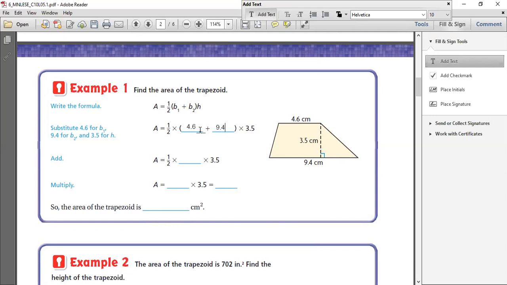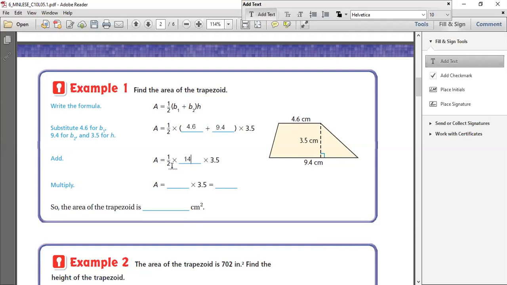So first let's add these two because they're inside the parenthesis. 4.6 plus 9.4 is going to give you how much? It's not 11, it's 14. So 4.6 plus 9.4 is 14, and then they're asking you to multiply by half of 14.